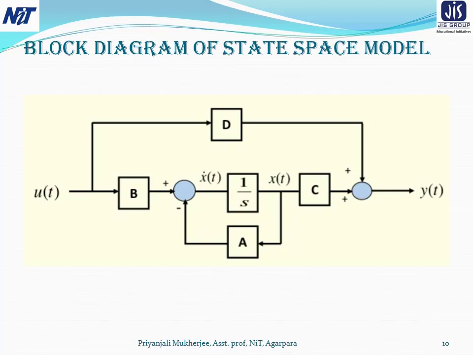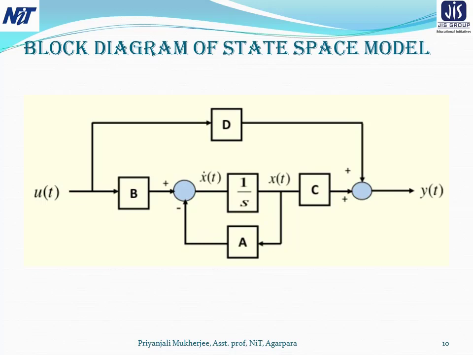The integrators are shown by a box, and the sign of integration can be put inside the box, or we can write 1 by s inside the box, which represents an integrator, because the Laplace transform of integration is 1 by s. It may also be a triangle in some cases.